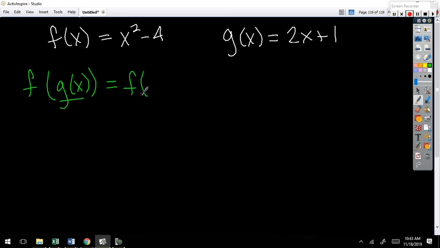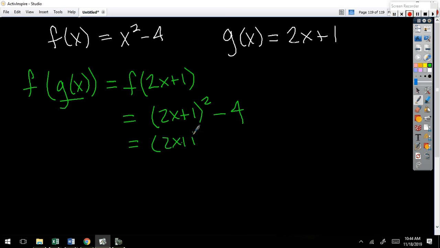If I sit here and go, okay, well, g of x is 2x plus 1, right? Inside out. So now, if you understand that whatever's in parentheses just replaces every x, that means I have (2x plus 1) squared minus 4. I can't distribute that because I'm adding in the parentheses.